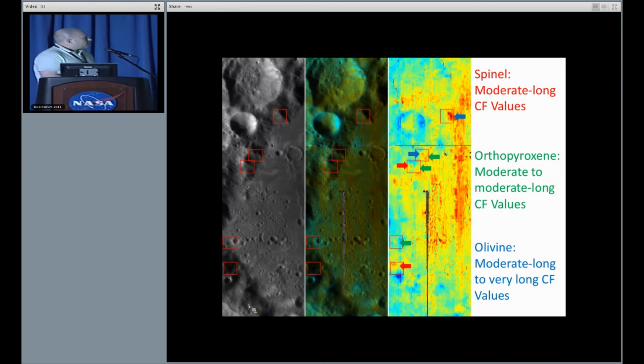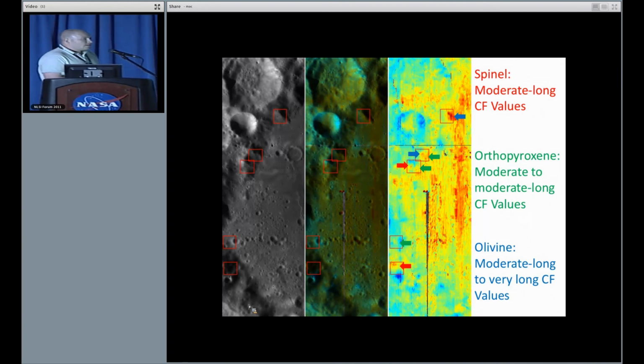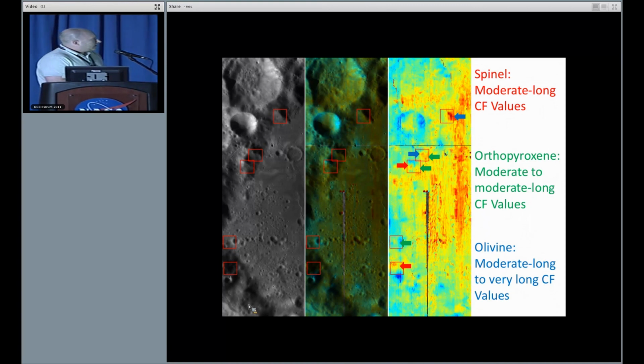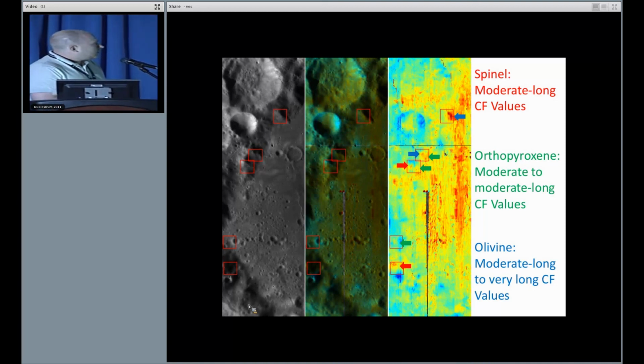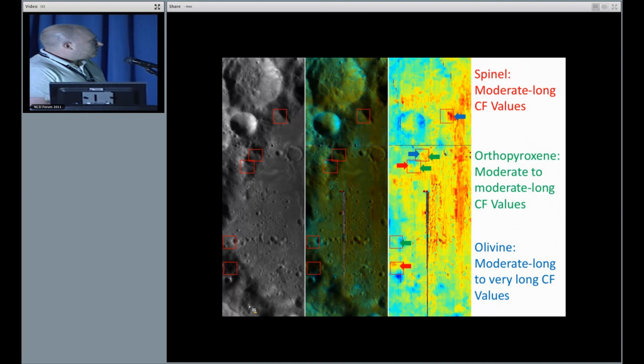The uppermost one has values very similar to what we see for our laboratory pyroxenes, and so that must have a very small amount of feldspathic material mixed within it. And then by the time you get down to this bottom one, you have a much more significant component of feldspathic material, which actually makes sense because when you look at the map, you can see there's a small impact crater just to the east of the site that is bringing up more feldspathic material from depth and has probably put quite a bit of it into that adjacent site.